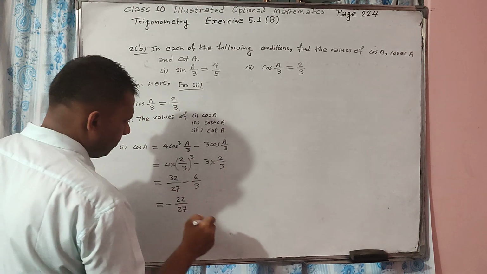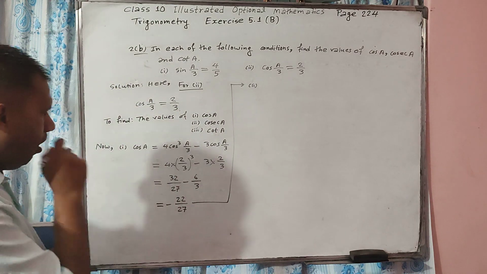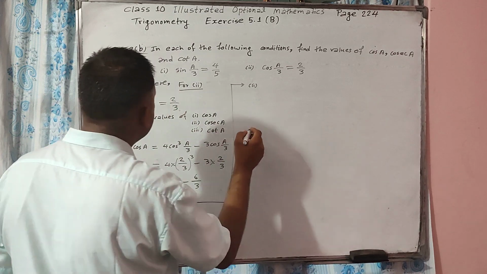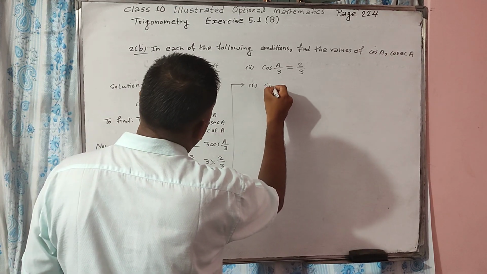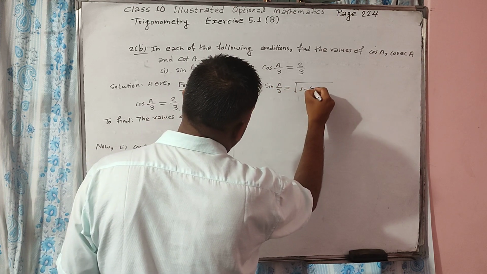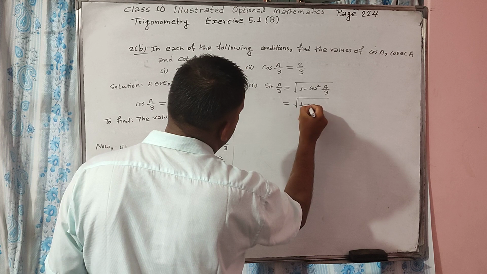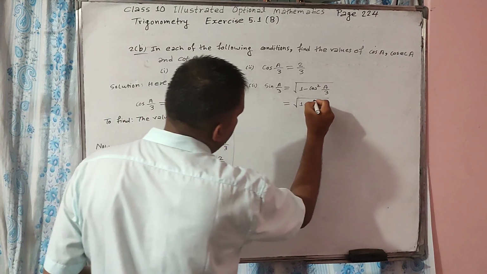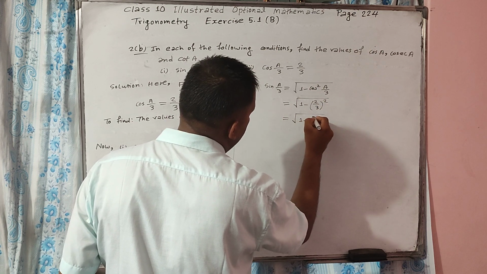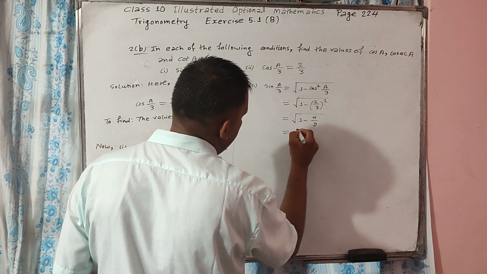Now second part, cosec A. Number 2, cosec A. Sin A by 3 equal to square root of 1 minus cos square A by 3, that is 2 by 3 whole square, equal to square root of 1 minus 4 by 9. 9 minus 4, 5.